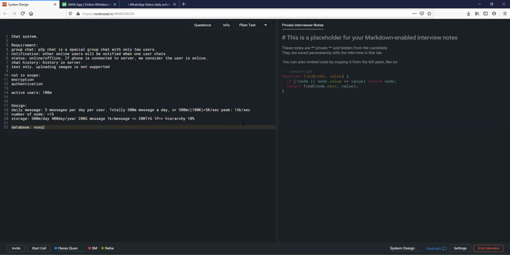My intuition is that this is a system that queries by ID only, either the user ID or the chat ID.